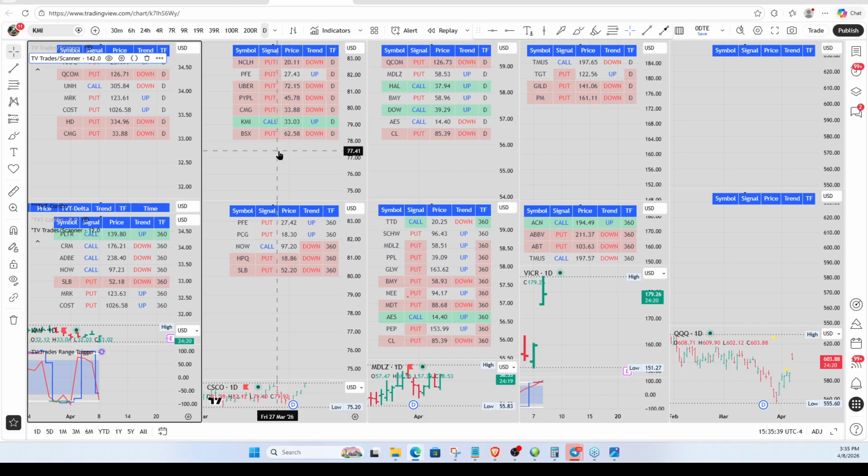Okay, so KMI is the first call. Maybe the only call, I think. And that one crosses too, so KMI is good. And that's a 33, roughly. And BSX.